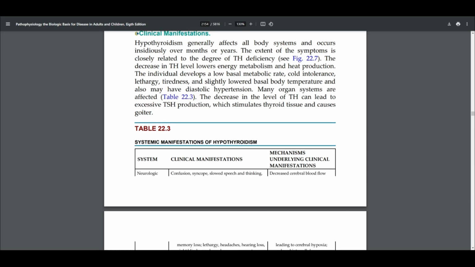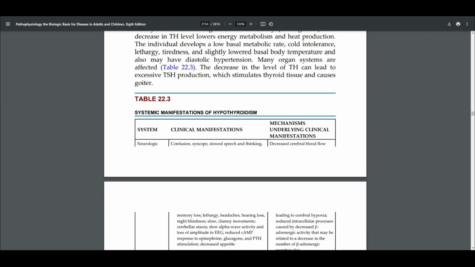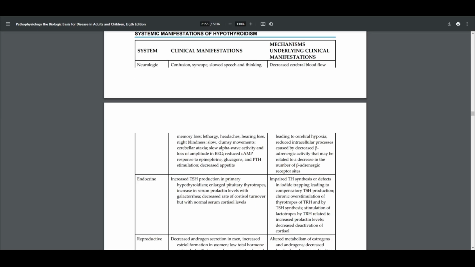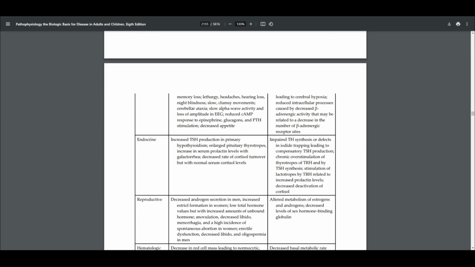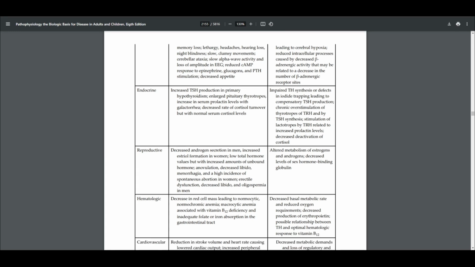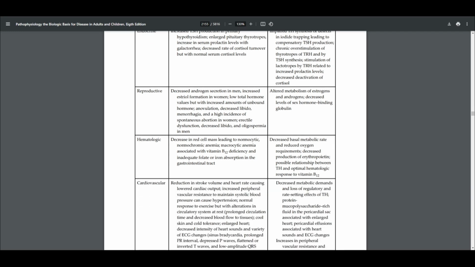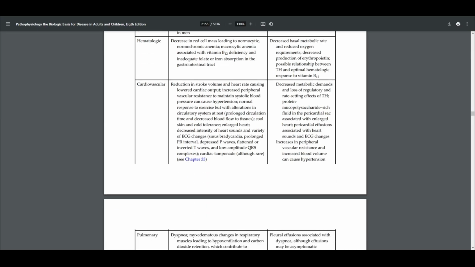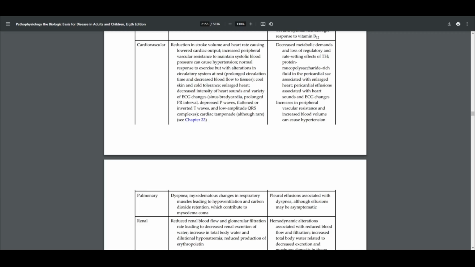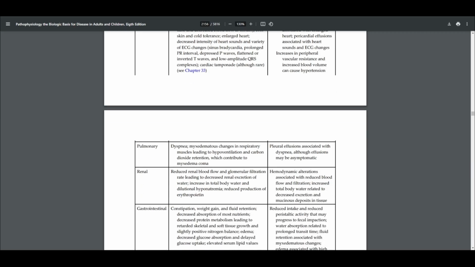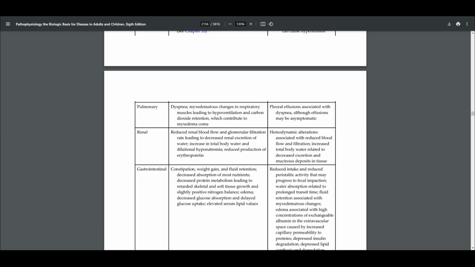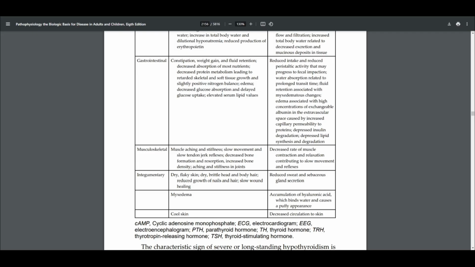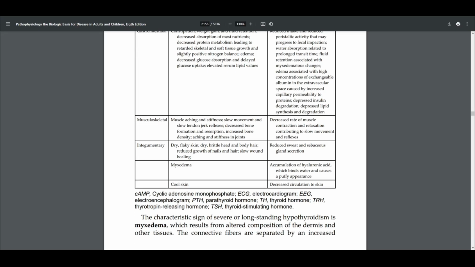So again, our systemic manifestations of hypothyroidism will have neurologic, endocrine, reproductive, hematologic, cardiovascular, pulmonary, renal, gastrointestinal, musculoskeletal, and tegumentary aspects.